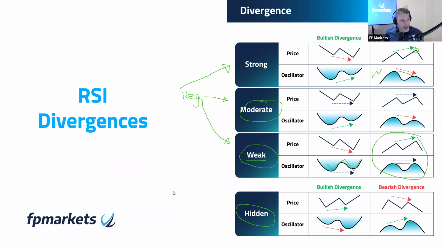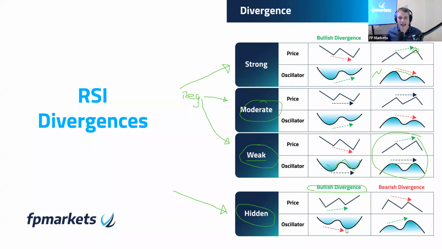But you can also look at hidden divergence. Hidden divergence I've mostly seen form as continuation signals within a trend. So for the hidden bullish divergence, we can see that price makes a higher low, but the indicator makes a lower low.